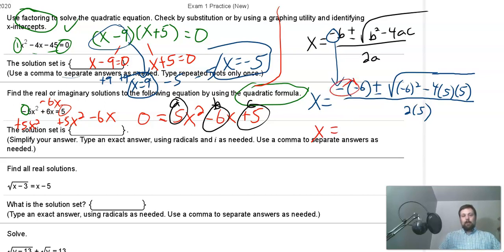Minus a negative becomes positive, right? So we're going to get positive 6 plus or minus the square root. Negative 6 squared will be positive 36 minus, this is going to be 5 times 5, which is 25, times 4, which is going to be 100. So 36 minus 100, which is negative 64, over 2 times 5, which is 10.